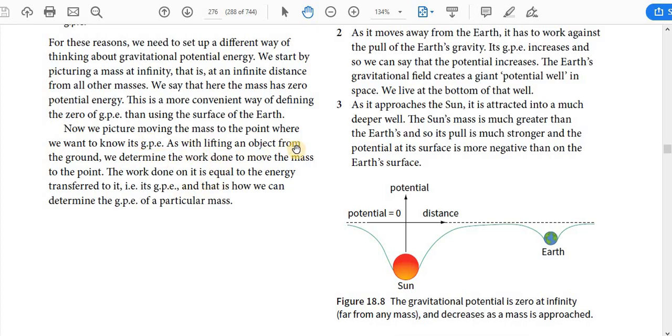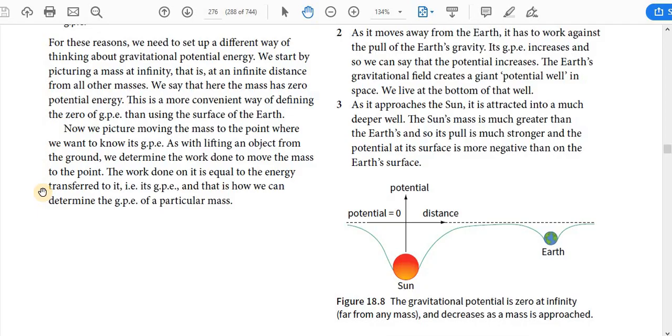You know, work done is equal to energy transferred. So when this object comes from infinity towards the surface of the earth, for example, then the work is done. Okay, it is equal to the energy transferred.